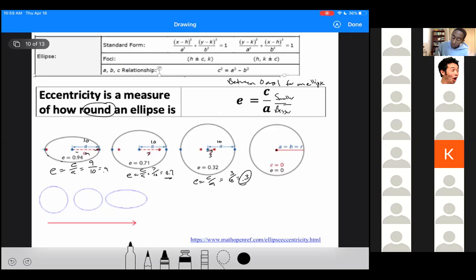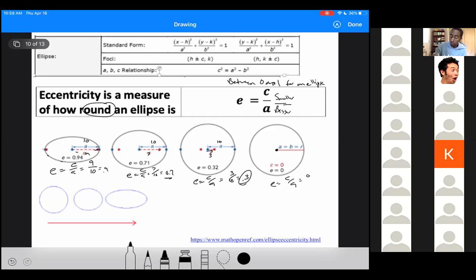If the foci and the center are in the middle, they overlap, then if your eccentricity is c over a, and c is the distance from the center to the focus, but the focus overlaps with the center, then your c is essentially 0. There's no distance between the center and the foci.